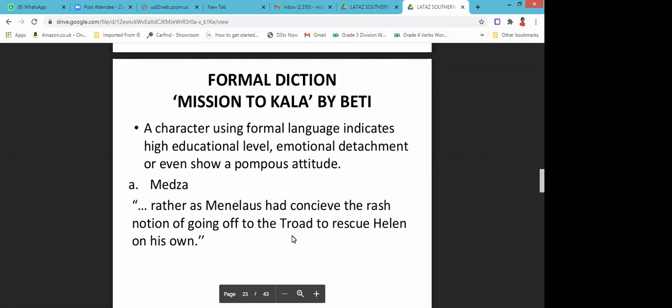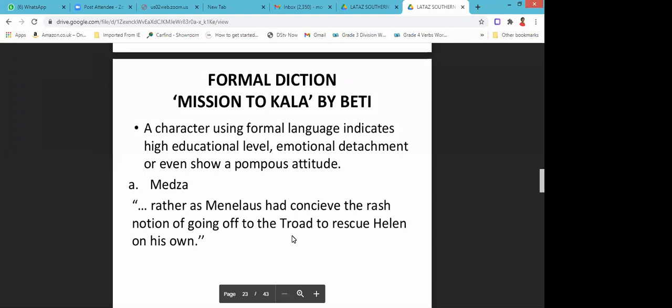With Medza, this is interesting because when you read what he says or he's thinking, in this case, he was talking about going on a mission to Kala, and he was thinking, are my brethren, my people going to go with me, or am I going to go alone?